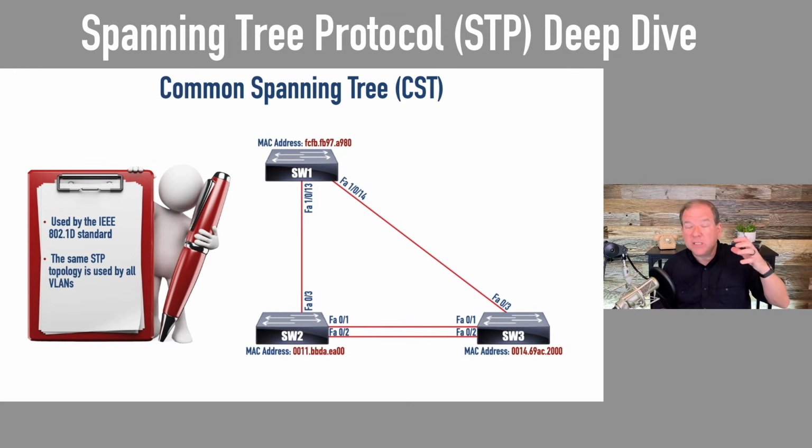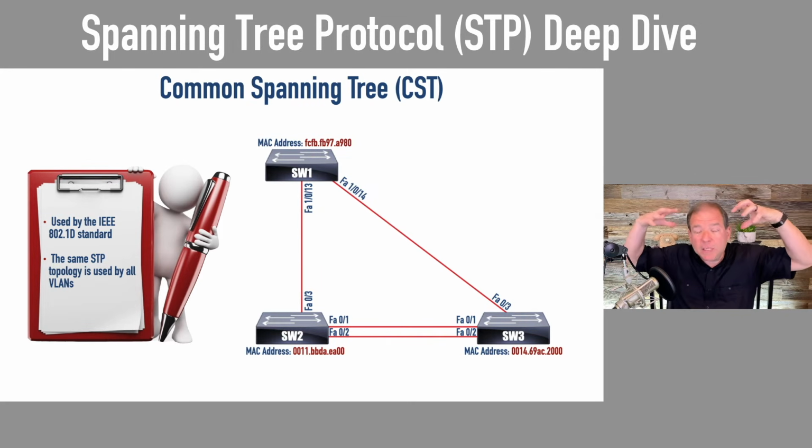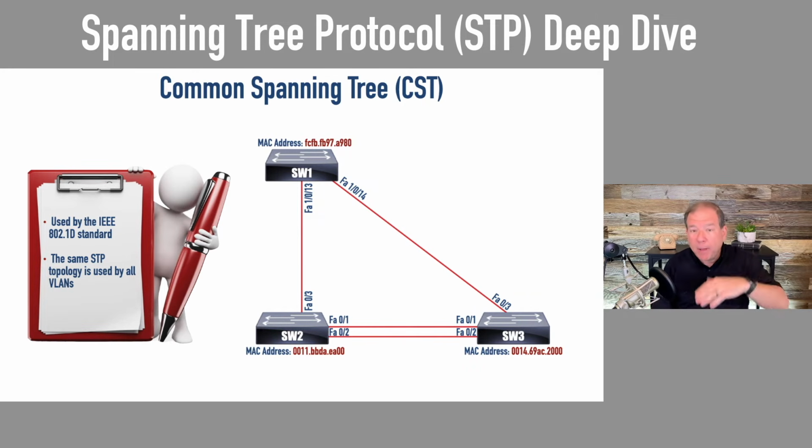VLAN 100, as I mentioned earlier, maybe it benefits from switch 1 being the root. Another VLAN benefits from switch 2 being the root. But with common spanning tree, or 802.1D, the original version, it didn't matter. Every VLAN was stuck using the same tree. So you probably had some suboptimal paths.